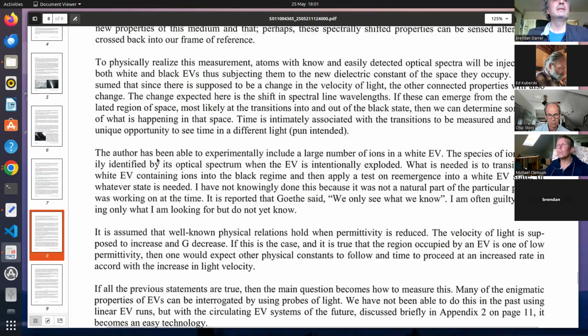The author has been able to experimentally include a large number of ions in a white EV. The species of ion is easily identified by its optical spectrum when the EV is intentionally exploded. What is needed is to transition the white EV containing ions into the black regime, and then apply a test on reemergence into a white EV state, or whatever state is needed.